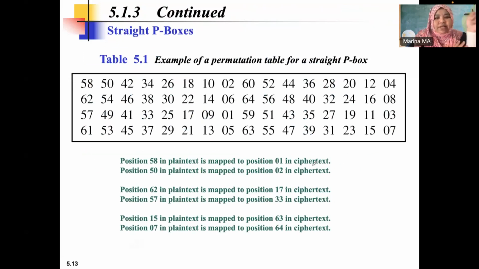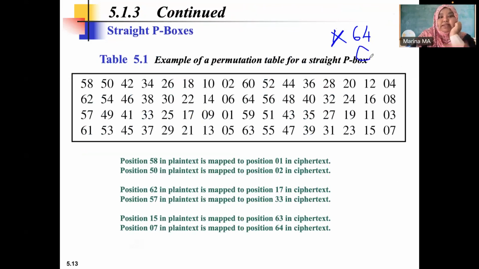First we calculate how many positions. The positions are the ciphertext. So 1, 2, 3, 4, 5, 6, 7, 8, 9, 10, 11, 12, 13, 14, 15, 16. 16 times 4, there are 64 positions in here. So 64 positions of ciphertext.